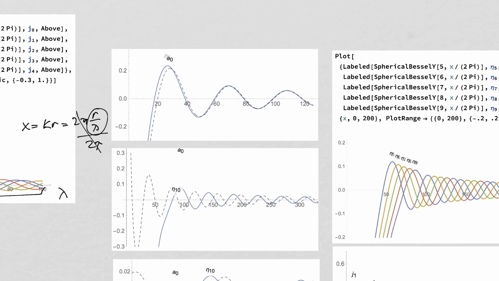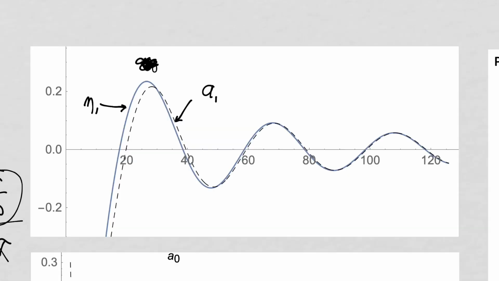Now let's look at the Neumann function, right? For the Neumann function, here I've plotted the first Neumann function in blue, and then in dotted black is the asymptotic form. It has sort of the same issue. It's not so accurate early on, although I've got to say it could be worse. It's 0.1 versus 0, that's pretty substantially off.